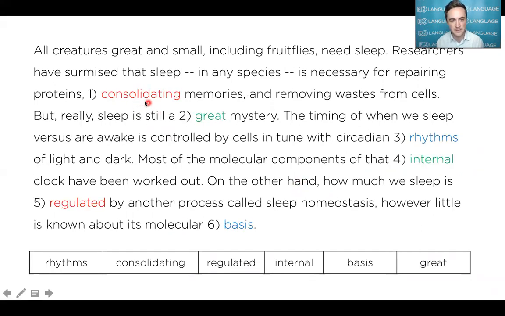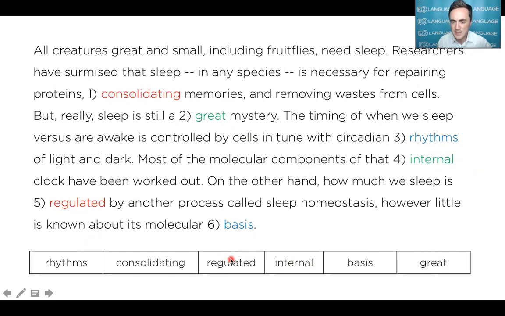Cool. So we know that this one was a verb, and we knew it was an ing verb. So we looked down here and we thought, well, there's only one, must be consolidating. Bang, you got that correct. This one we knew was an adjective because we knew this was a noun and we knew this was an article, and therefore this must be an adjective. So we looked down here and we saw one adjective here, and we saw another adjective here, and this possibly is an adjective.